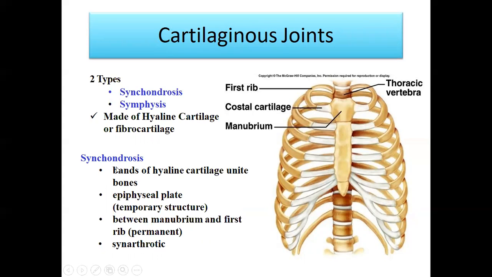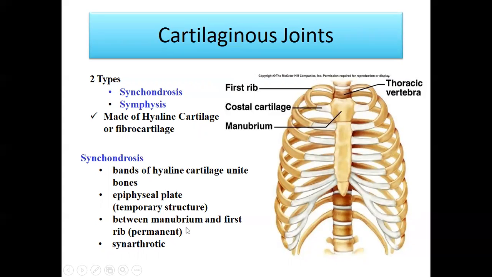Remember, chondro meaning cartilage. This is a temporary structure because obviously after the growth plates close, these are no longer cartilaginous. They're no longer growth plates. They're just osseous bones. Then you also have synchondrosis between the manubrium and the first rib.